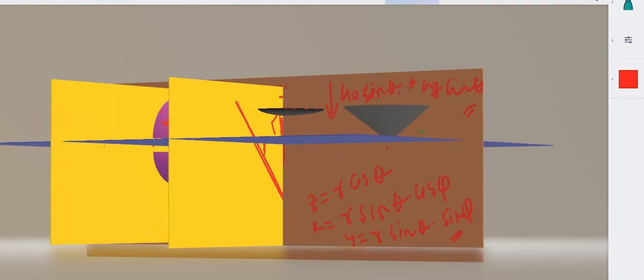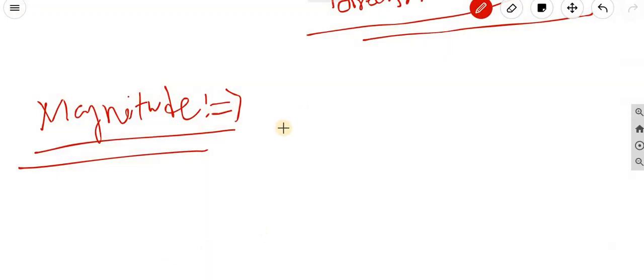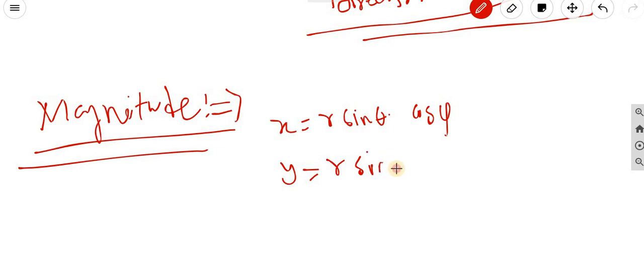Okay. So this is the magnitude relationship. X equal to R sin theta cos phi. Y equals to R sin theta sin phi. Z equals to R cos theta.